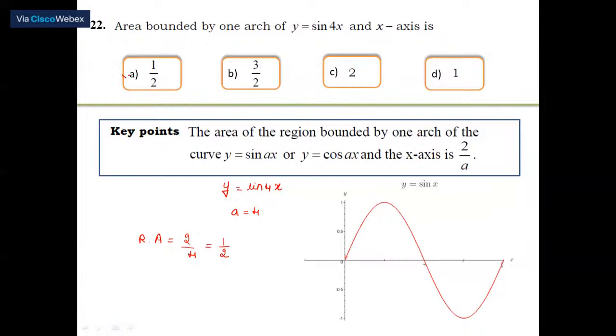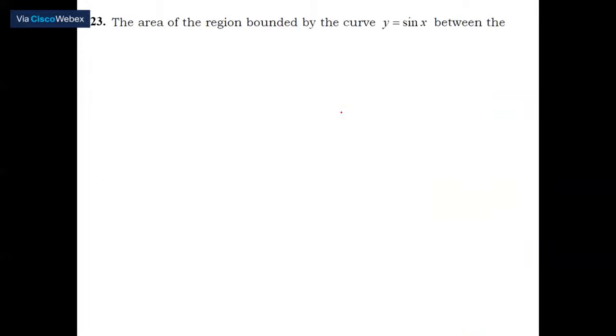So the answer is 1 by 2, that is option A. Very good, Sarjanya. Okay, try to remember this: the area of one complete arc of a sine or cos curve is 2, and when it is sine ax or cos ax, it will be 2 by a. Fine. Now let's move on to the next.